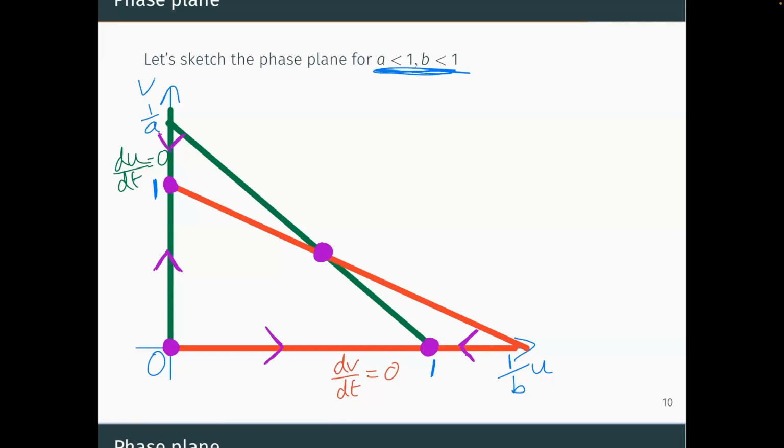At this stage, I usually like to sketch on just some lines onto my nullclines to make sure that I'm putting the arrowheads in the right direction. On my red nullclines, I can only be moving left or right because dv dt is 0, so I know that I have to be crossing this nullcline horizontally. And conversely, on my green nullcline, du dt is equal to 0, so I have to be moving up or down.